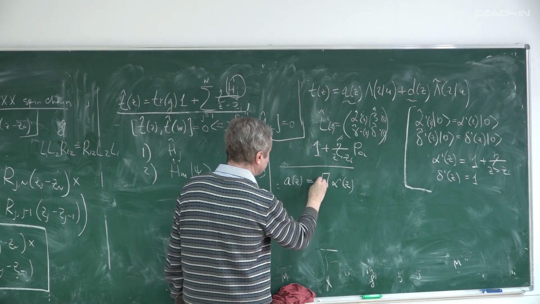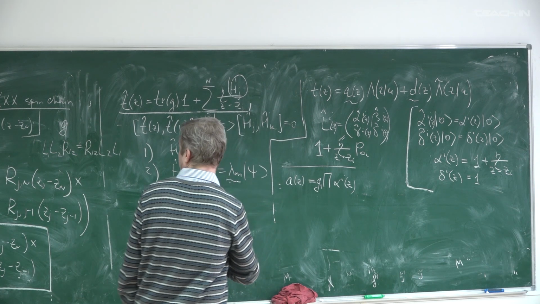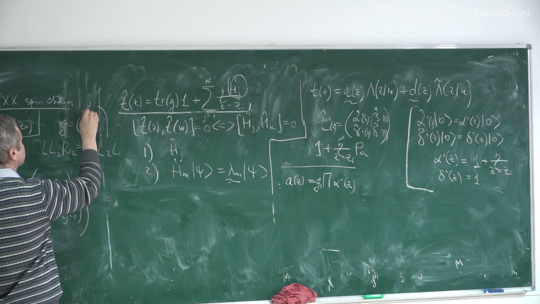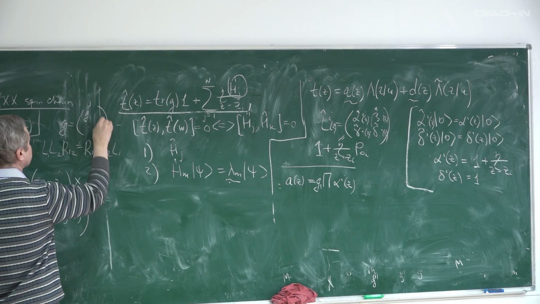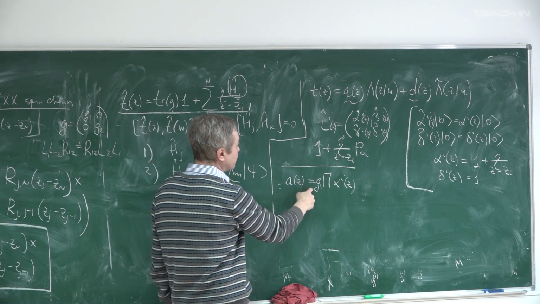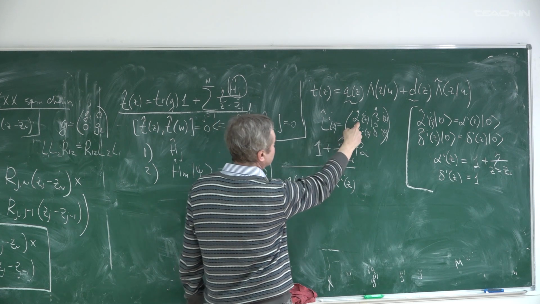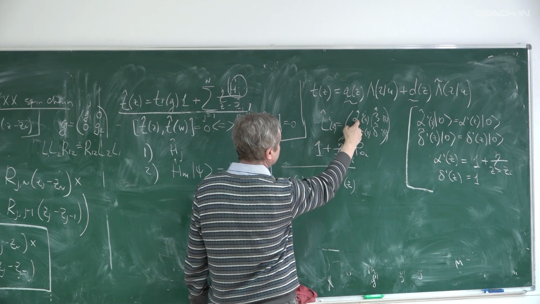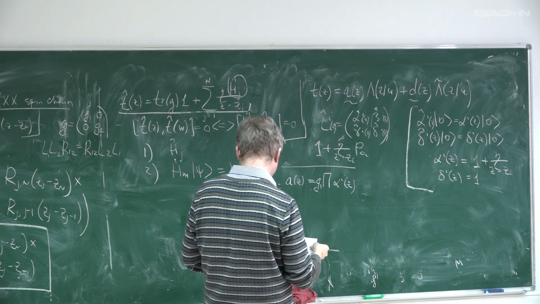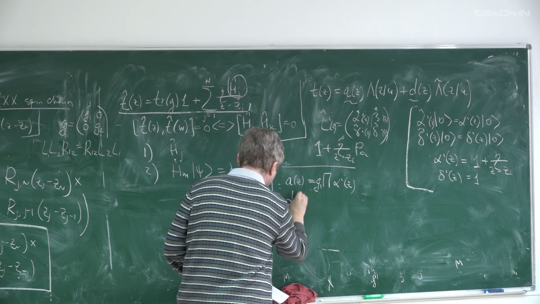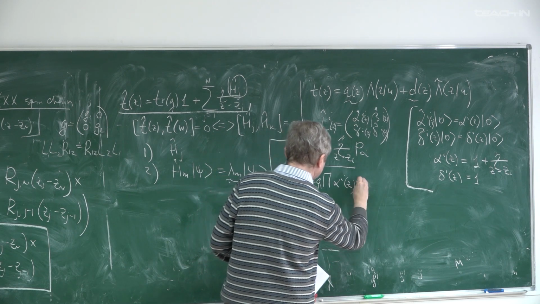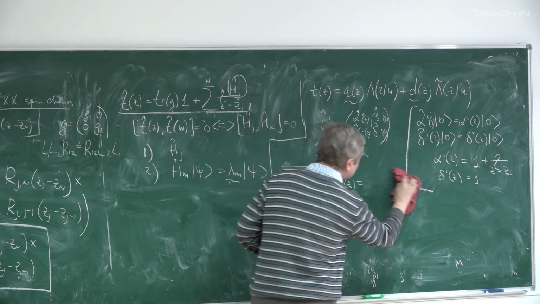So this A will contain G1, the first component. Let me recall that G was just a diagonal matrix, G1, G2. And this G1 comes here in the same way as it comes from all these alphas. Now we can write the concrete expression for the function D explicitly.